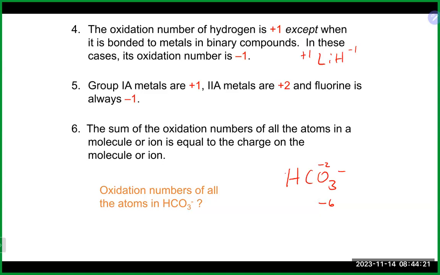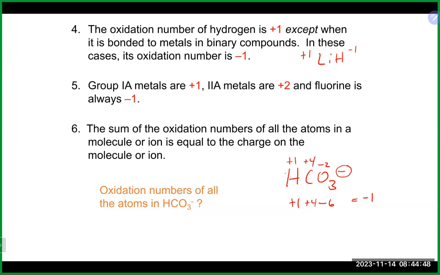So we'll go to the left. That's hydrogen, +1. Once again, it needs to add up to the overall charge of bicarbonate, which is -1. That's a lot of math for this early morning, but we'll go with +4, perhaps. That's going to get us an oxidation state of carbon of +4.